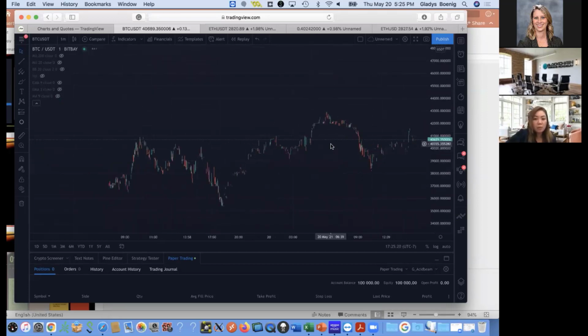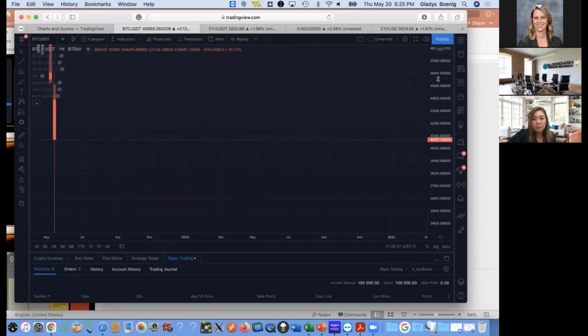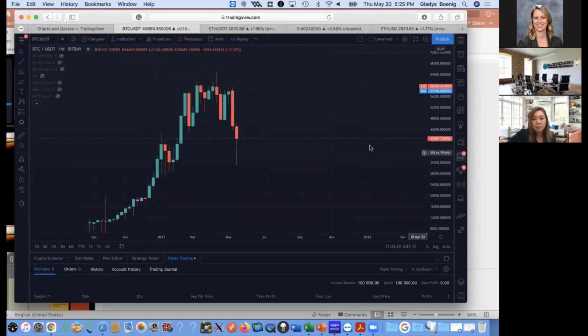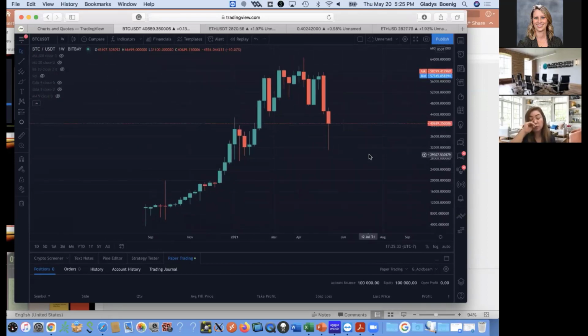What I would do as a trader, I would go first to the weekly. And then I will try my best to identify the trend. Is there a trend that I'm seeing? Well, there was one uptrend that was going, and then all of a sudden, look at that drop. Okay, now let's look at the daily chart.